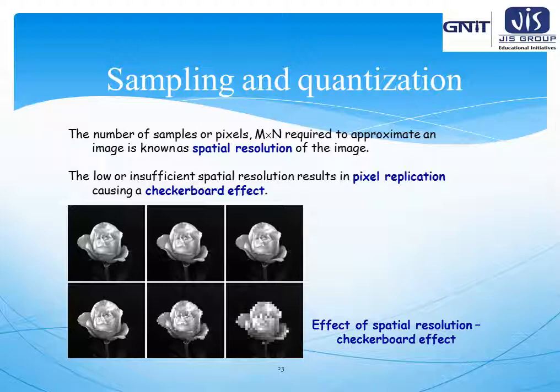So here we can see the effect of spatial resolution, the checkerboard effect, in the image. The first image is very clear, but it gradually decreases in spatial resolution, so the last image is not at all clear to us, so it fails to give us a detailed idea of the image. So the checkerboard effect we can easily see in this image.